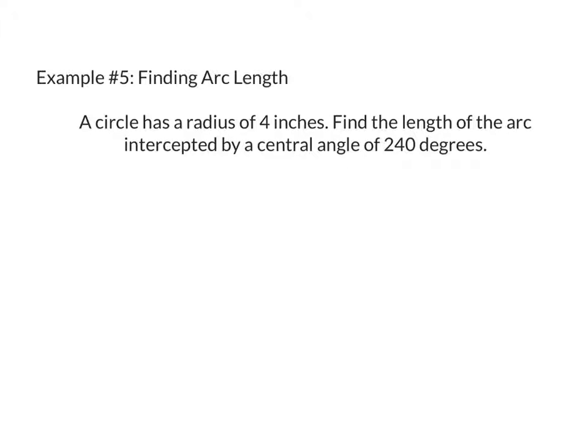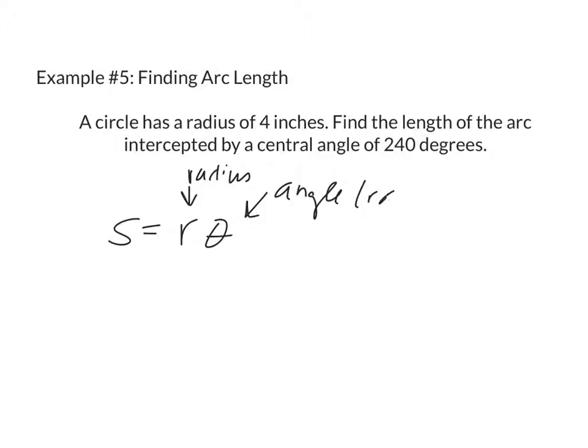The formula says S equals R theta. S is arc length, which is what we're hoping to find. R is the radius. And theta is the angle, but it must be in radians. What we were given was 240 degrees, and degrees is not radians, so we have to convert that first.